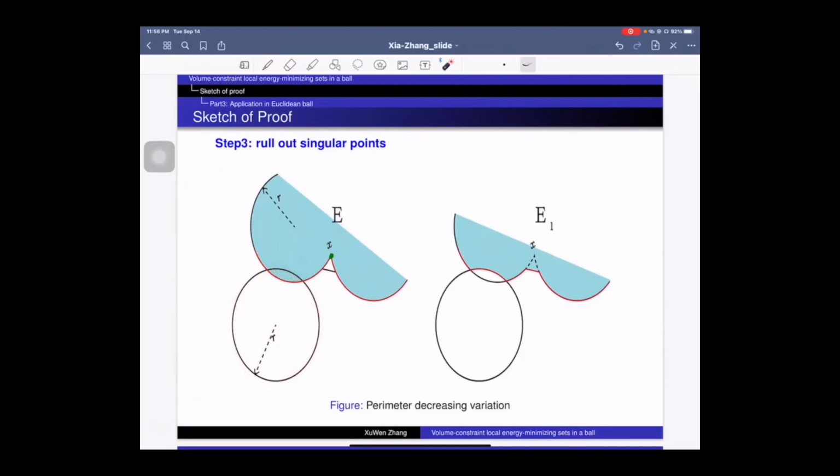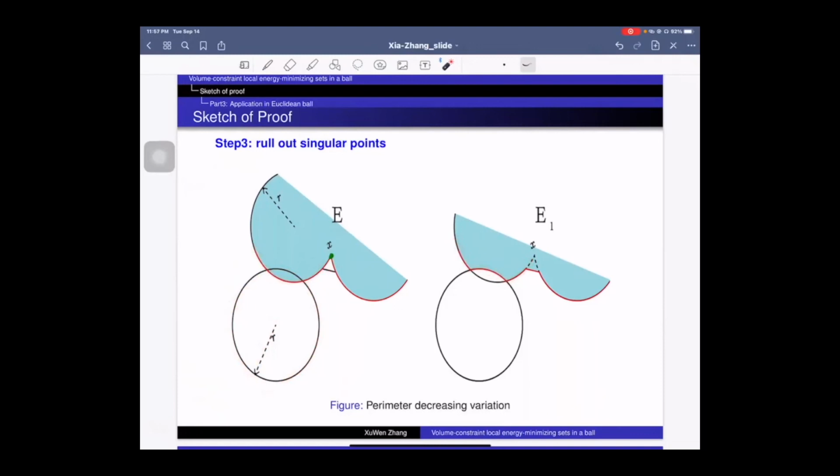We remove this part, and we add the same volume with this part to the singularity. And we will see that this perimeter is the same as the original perimeter, because these two balls have the same radius, so the perimeter of this must be the same as this.